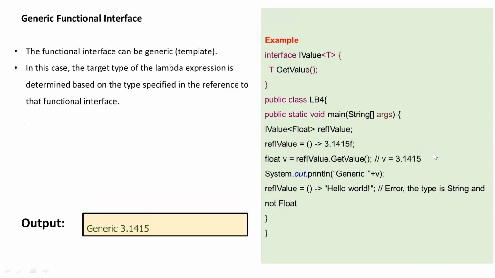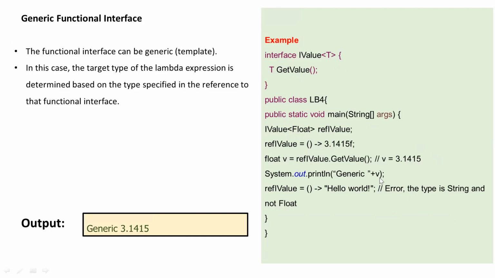Next, generic functional interface. Interface Value, angular brackets, let T. Usually you use types like double or int, but if it is generic, this T can be redefined here. So T getValue. Interface Value, Float reflectValue. The reflectValue equal to, you're not passing any value here, parenthesis arrow mark.